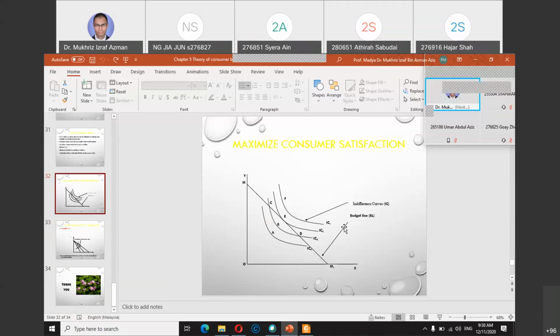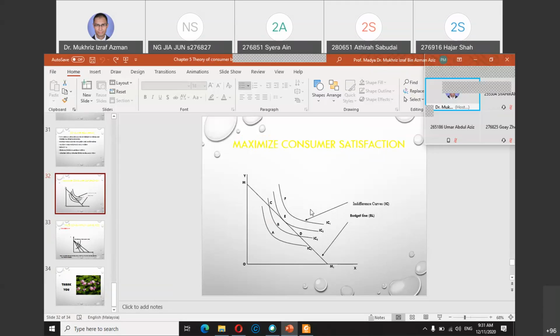It depends on how much income that you have. Of course, as a consumer, you prefer IC1 to IC2, IC3, and IC4. So IC1 is always better because it gives you a higher level of utility. But just because it gives you higher utility does not mean that you can always choose IC1.